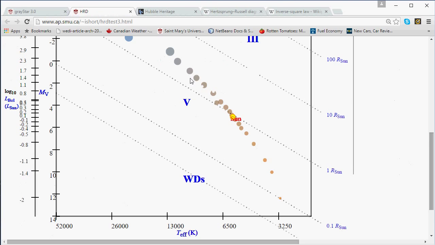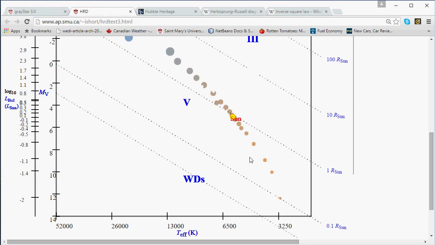Stars do not move up and down the main sequence with time. Stars eventually do move around in the HR diagram as they age and evolve, but they do not do it by moving up and down the main sequence. So do not misinterpret the word sequence here. The main sequence simply refers to the fact that this is an effective temperature luminosity sequence.